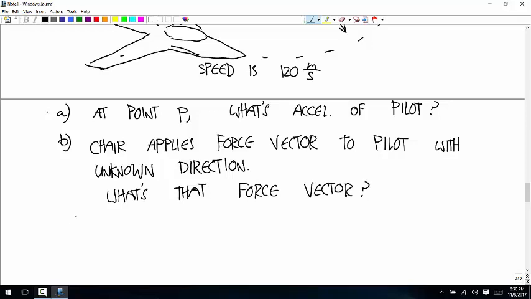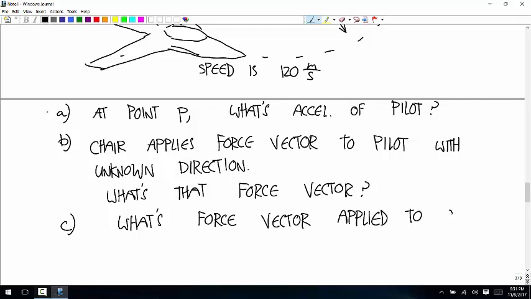And then of the three, this is the easiest one. Once we calculate that, let's say we want to know what's the force vector applied to the chair by the pilot.